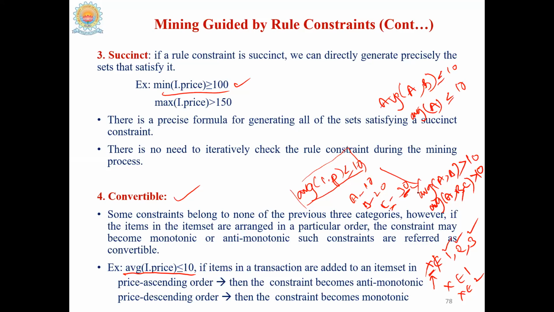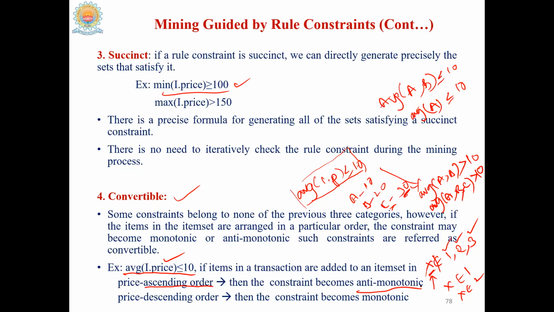So for a given initial constraint, initially it does not belong to any of the above said rule constraints. But whenever you have placed it in ascending order, it becomes convertible into an anti-monotonic constraint.